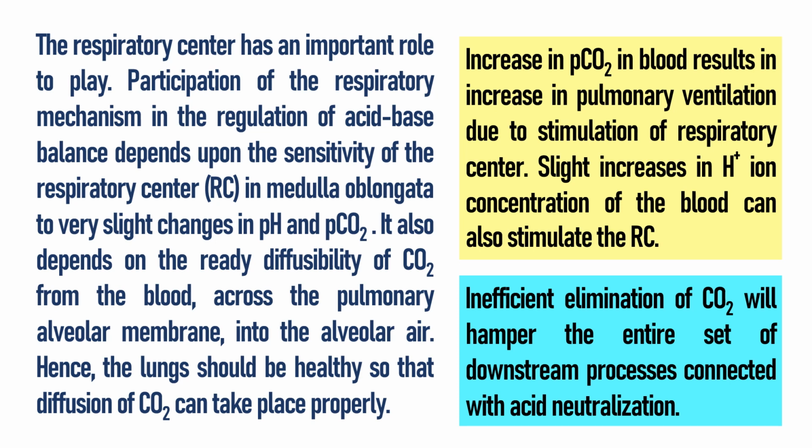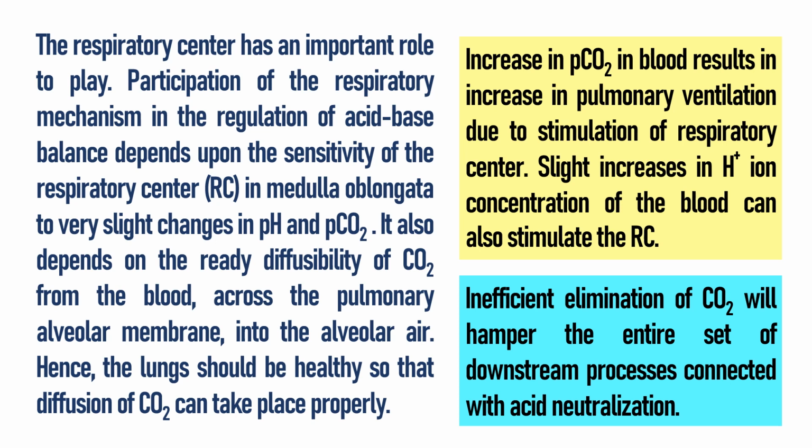Increase in partial pressure of carbon dioxide in blood results in increase in pulmonary ventilation due to stimulation of respiratory center. Slight increases in hydrogen ion concentration of the blood can also stimulate the respiratory center. The purpose of this entire mechanism is to ensure that carbon dioxide doesn't accumulate in the body, because if carbon dioxide accumulates, the pH of the body will become acidic, and a lot actually depends on how efficiently carbon dioxide gets eliminated, because carbon dioxide is the product formed after other strong acids have been neutralized.